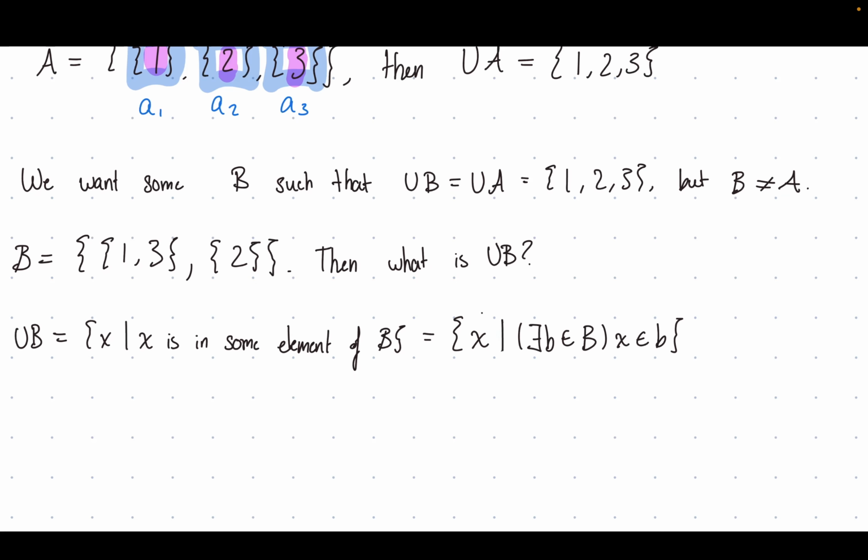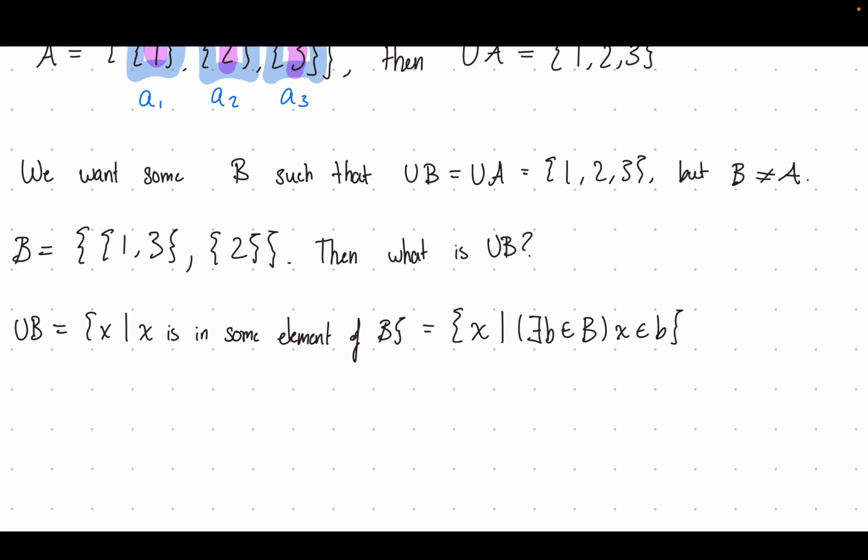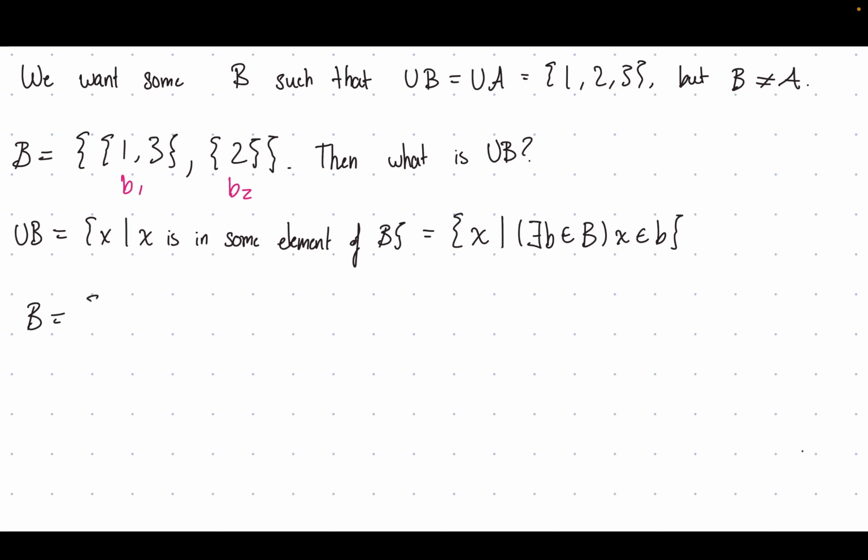UB is equal to x such that x is in some element of B, or more rigorously, x such that there exists some little b in big B such that x is in little b. So let's decompose big B into little b's. So let's call this one B1 and B2. So B is equal to {B1, B2}.